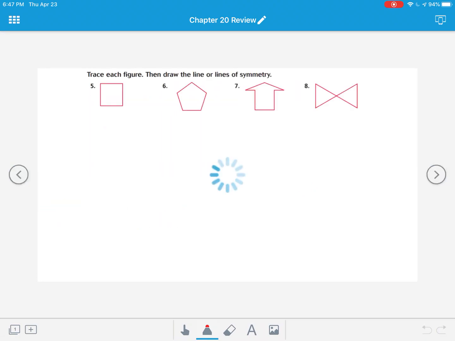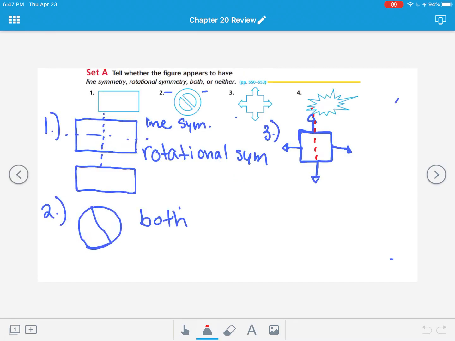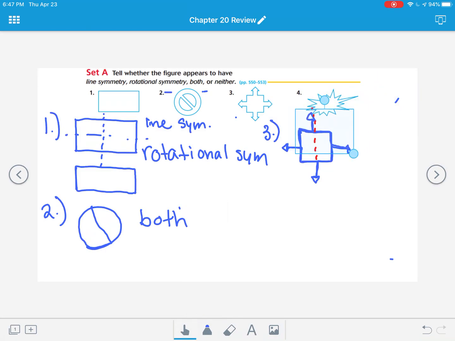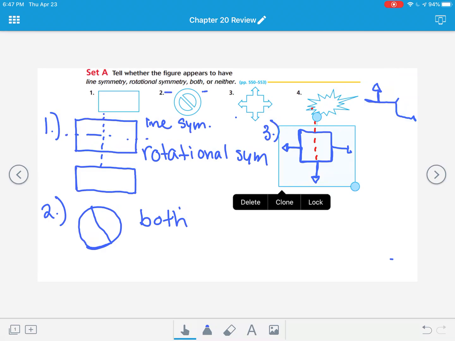Let's take a look and see if there is rotational symmetry. I'm going to have to imagine that arrow was there. It didn't really attach, so that's okay.